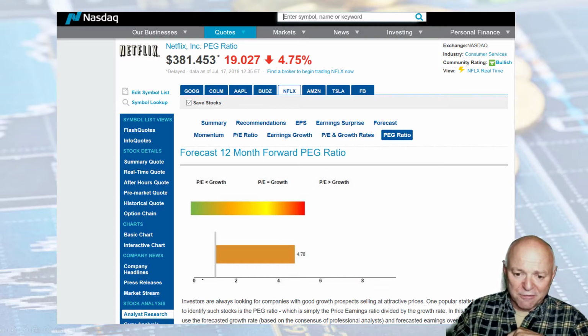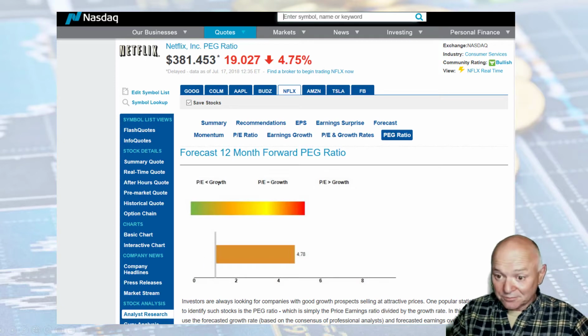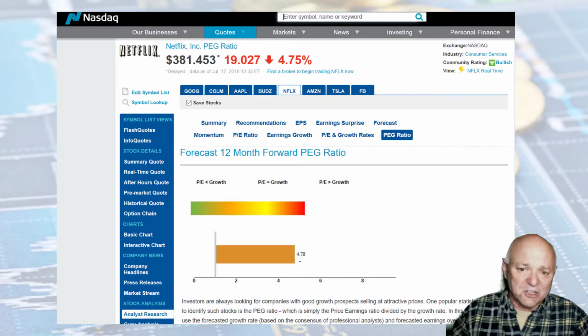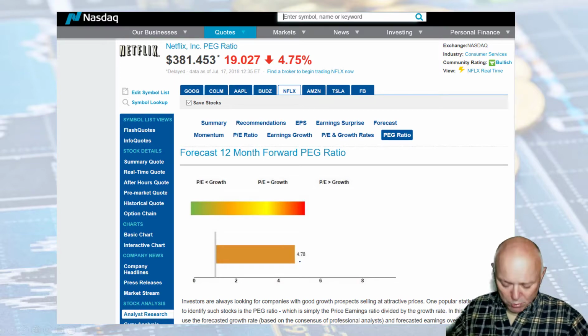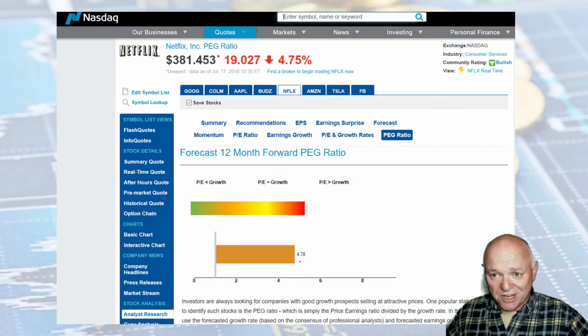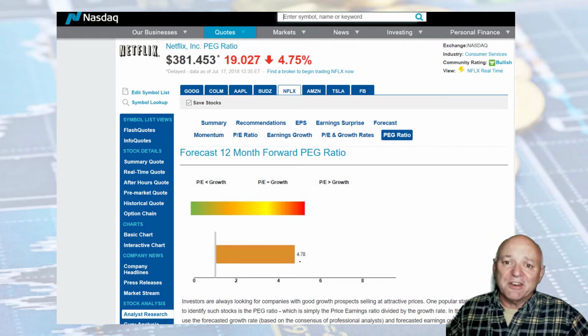Across the bottom here, we have a value of 1, which would represent a fair trade-off, where the growth is greater than the price earnings. And over here, the price earnings equal to growth, and over here, the price earnings is greater than growth. Well, clearly, this business is way over here on the right-hand side with a PE to G multiple of 4.78. Compare that now to companies like Amazon, which today had a PEG multiple of 5.5. So still, very heavily favored in terms of growth.